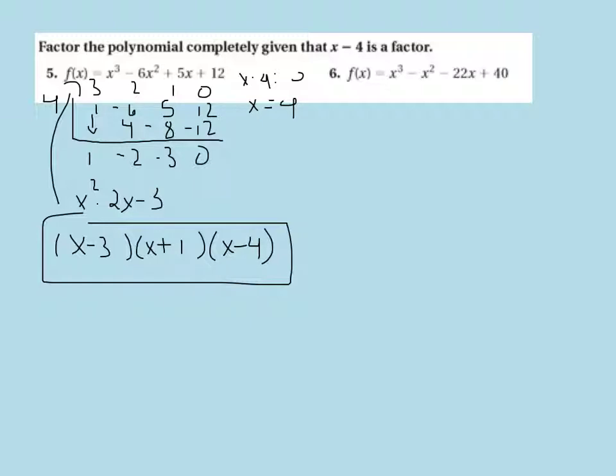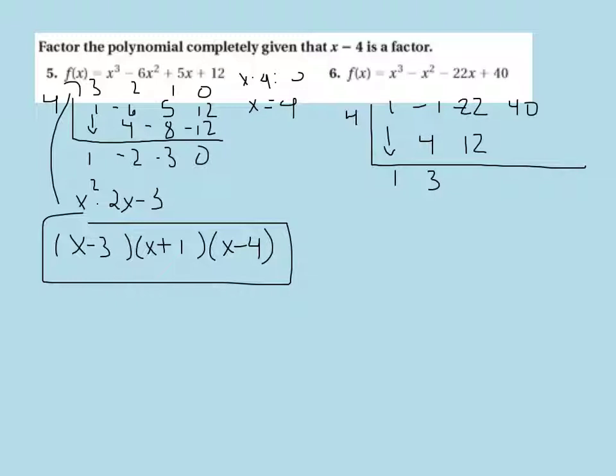So let's try it here. 4, 1, negative 1, negative 22, 40. Bring down the 1, 4, 3, 12. Negative 22.